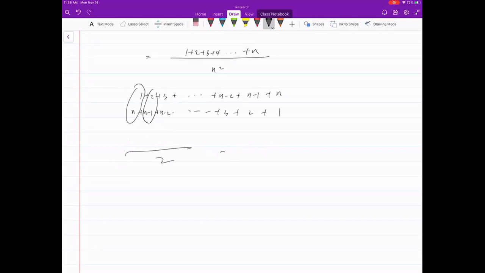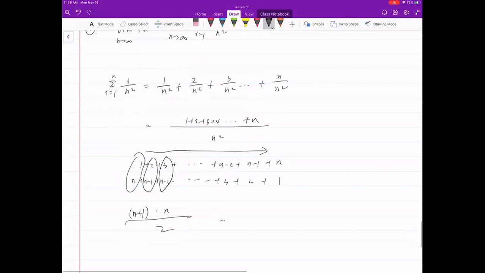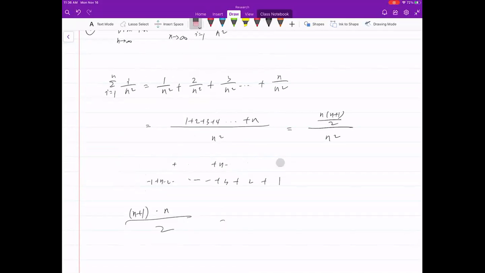What are they? n plus 1 for every single pair. How many pairs? From 1 to n, n pairs. Sounds good? Okay, through this way, the top can be rewritten into this formula through whatever argument we just did.